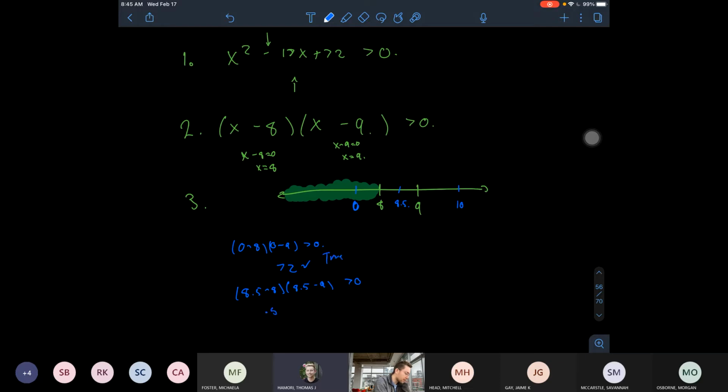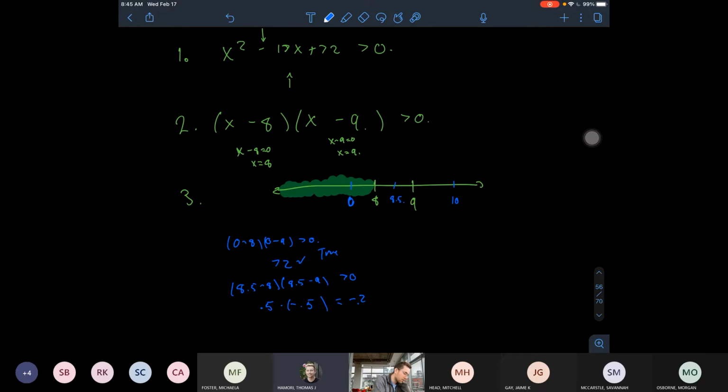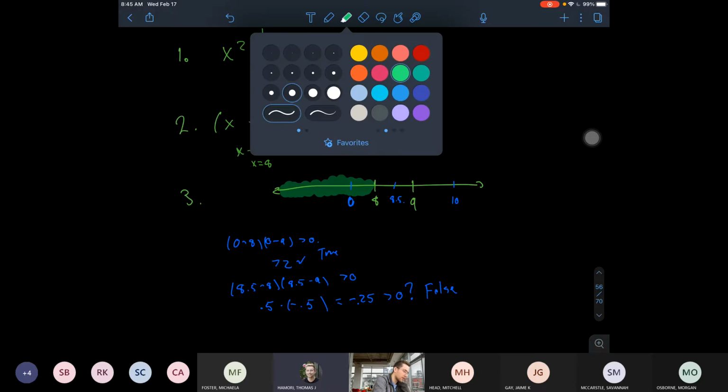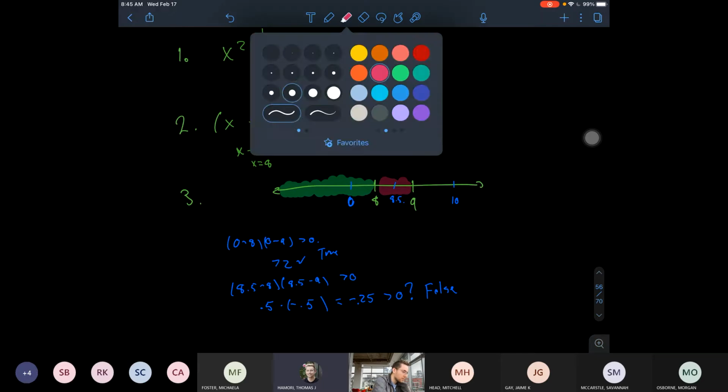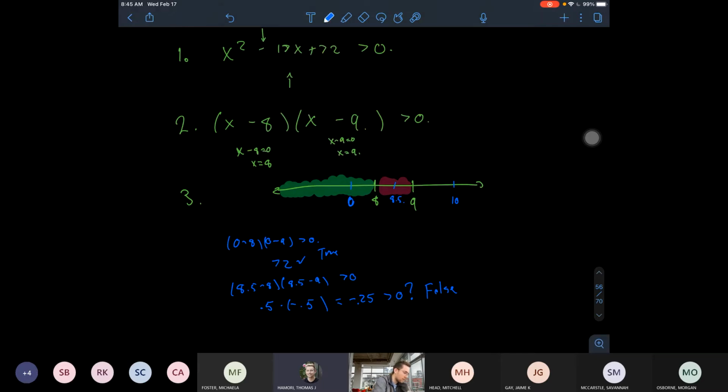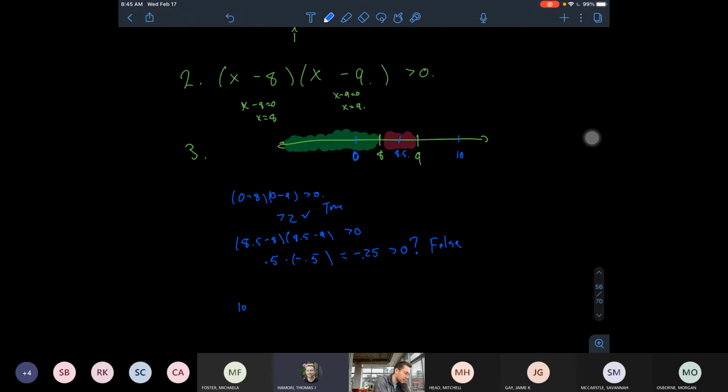I would get 0.5 times negative 0.5, which equals negative 0.25, and that's not larger than 0. So this region is all bad. For the last one, 10 minus 8 times 10 minus 9 equals 2, which is larger than 0. So this region on the right-hand side is good.